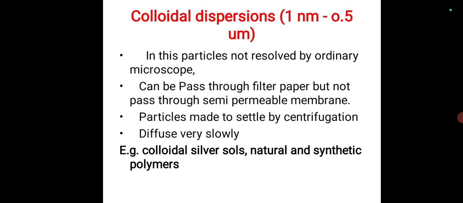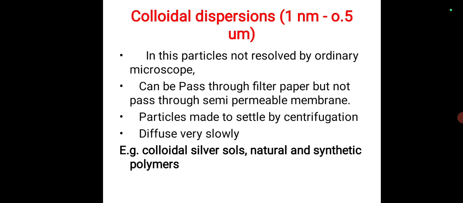Colloidal particles can pass through filter paper but not through a semi-permeable membrane, because the filter paper pores are a little bit bigger than those of the semi-permeable membrane.